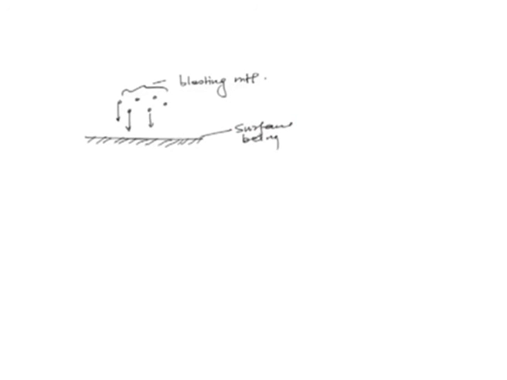These particles will hit this surface and cause plastic deformation here, and this will eventually result in a surface something like this. So, we can say this is the shot blasted surface.